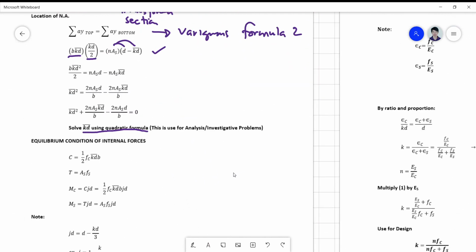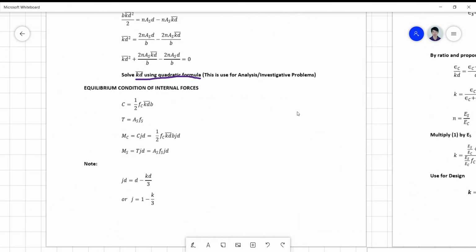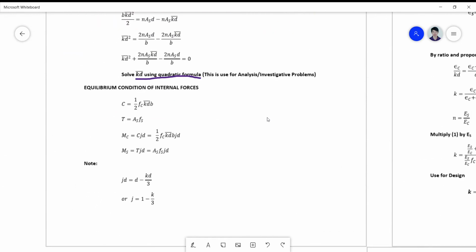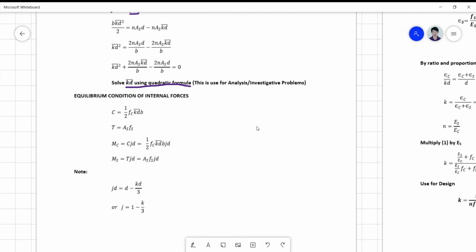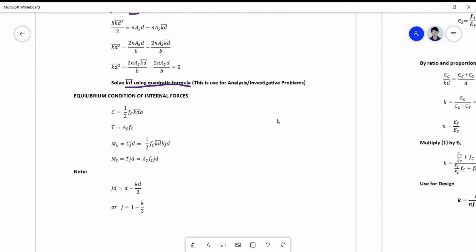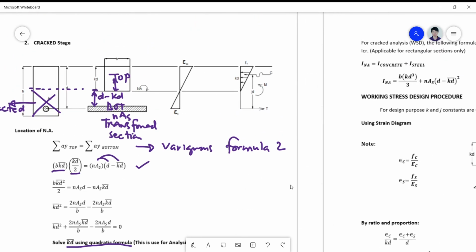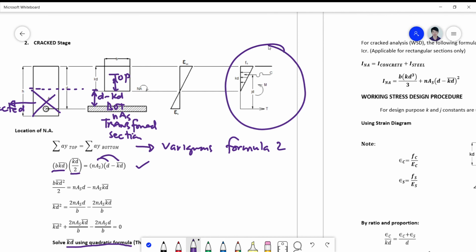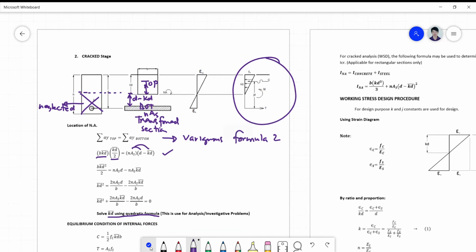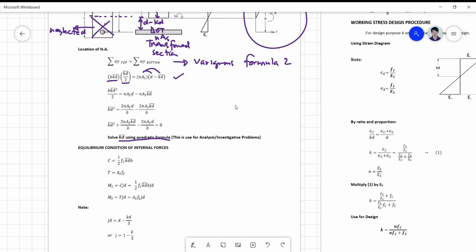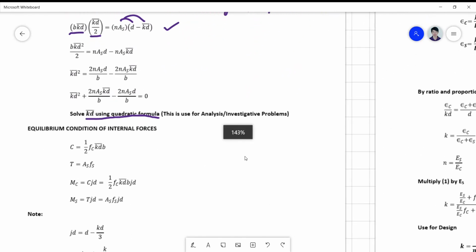Okay, for the equilibrium of internal forces condition, we're now going to get the values of your C and T on the basis of this figure here. Okay, so let's look at that figure and solve for C. Let's draw it here again.